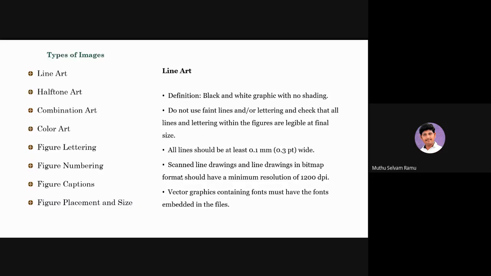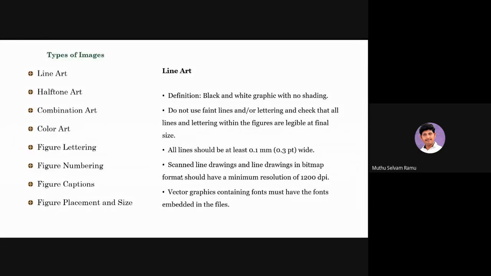It should be 2.5 to 3, and 1.5 to 2 if it is on the axis. It is 2.5 to 3 mm when it is on the figure, inside the bar. So this point should be used, because I have mentioned here points P, PG, Y. And the scanned line drawings in bitmap format should have a minimum resolution of 1000 pixels.